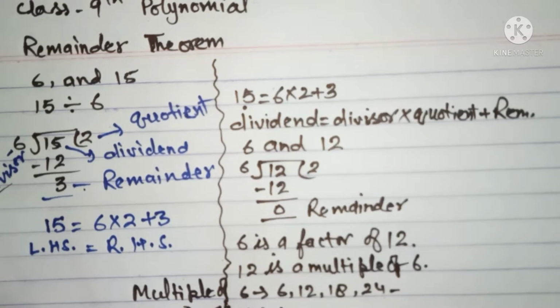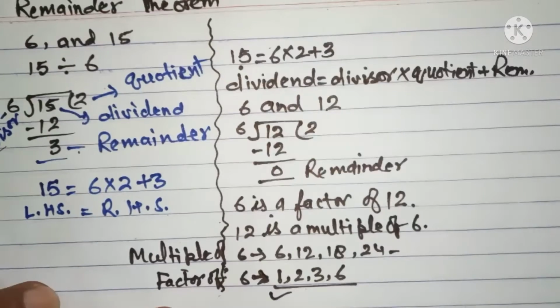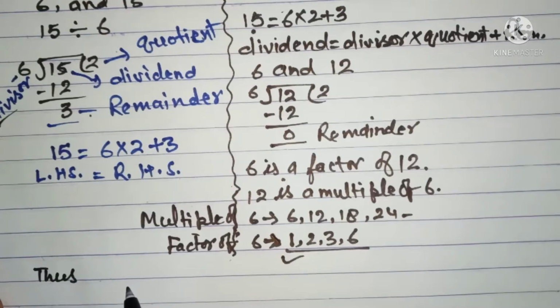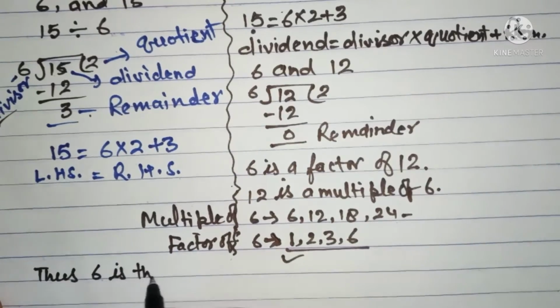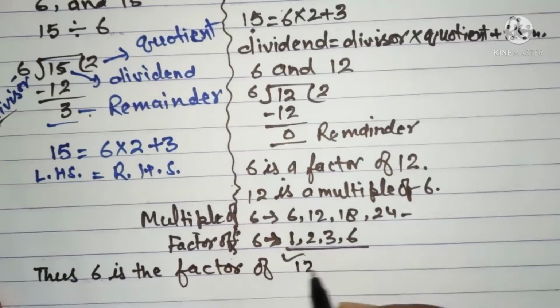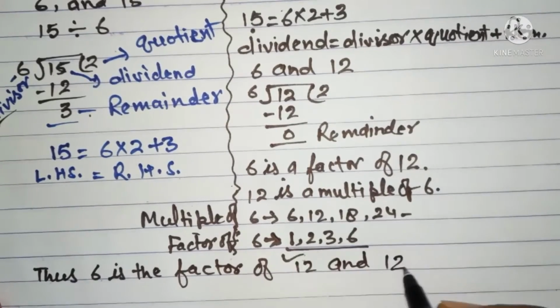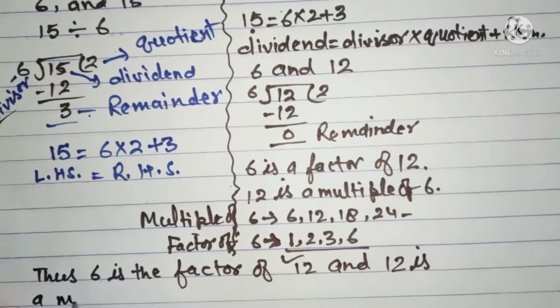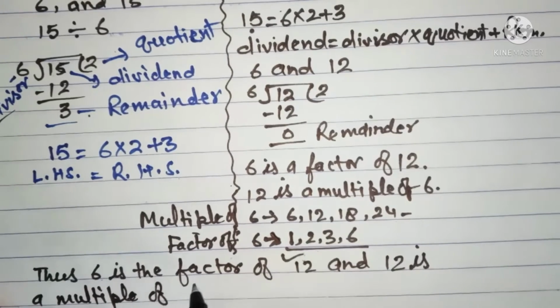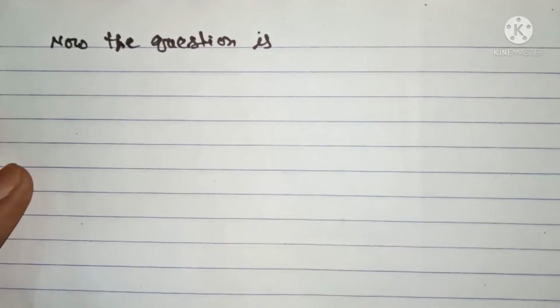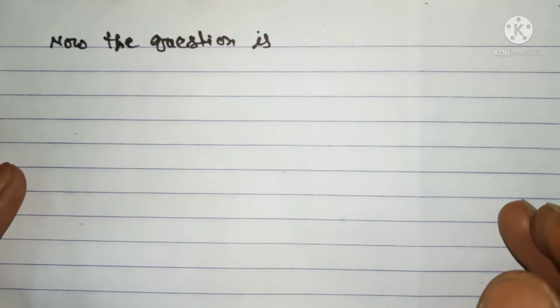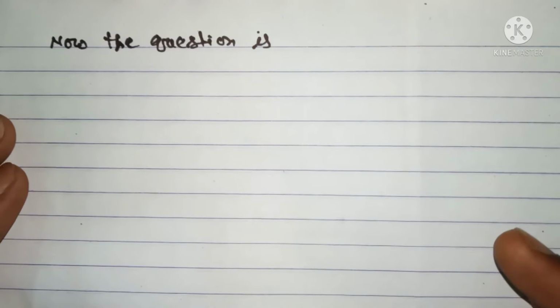We get 1, 2, 3 and 6. These are the factors of 6. Thus 6 is a factor of 12 and 12 is a multiple of 6. Now the question is, can we divide one polynomial by another polynomial?